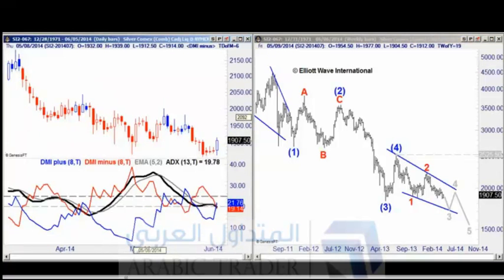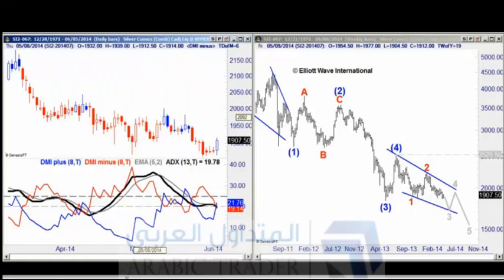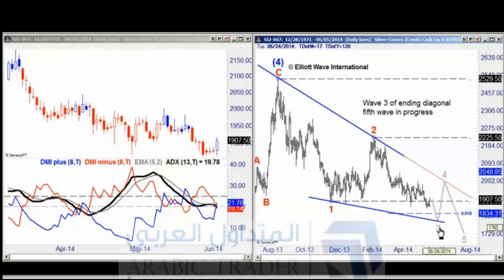And then looking at the daily chart of silver, here's more detail on the daily chart, thinking that wave 4 peaked at 25.29. We had a 3-wave 1, a 3-wave 2, and we're working a sloppy wave 3 down.